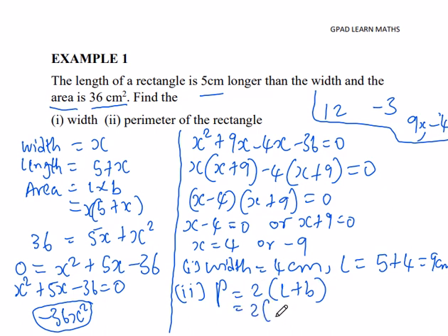I have 2 bracket, the length is 9 centimeter and the breadth is 4 centimeter. So this is equal to 2 bracket 9 plus 4, that is 13 centimeter, and when you multiply that, you get 26 centimeter. So this is the solution for this question.